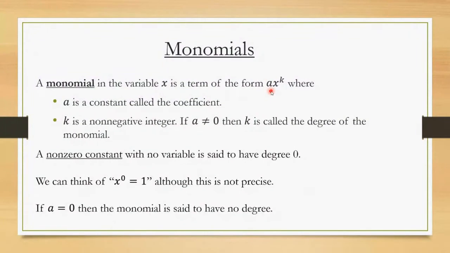Again, this is all terminology and definitions, where the a is a constant, a number, so it could be 2, 8, 1, or anything like that. We know x is the variable. K here is a non-negative integer, meaning it could be 0 or a positive integer.